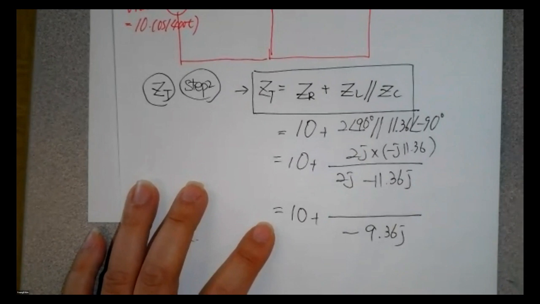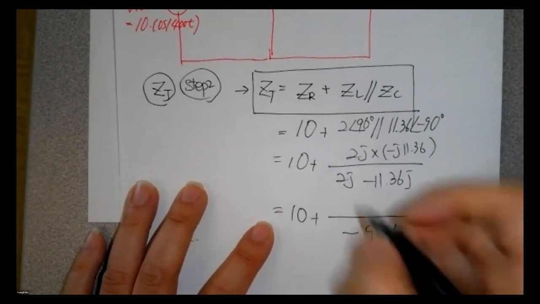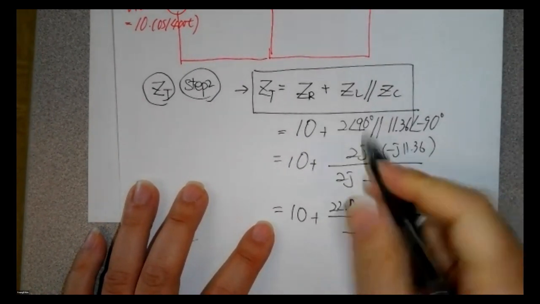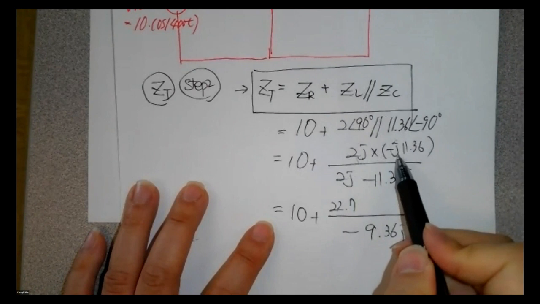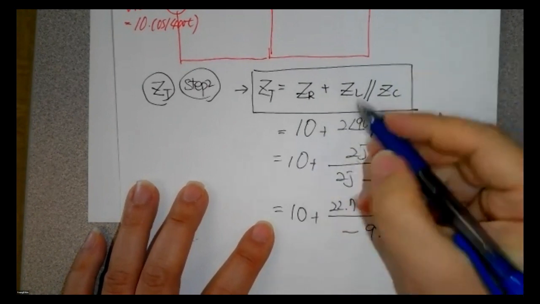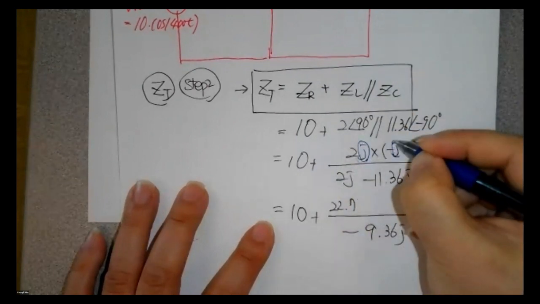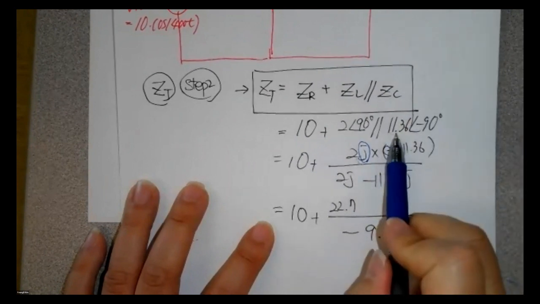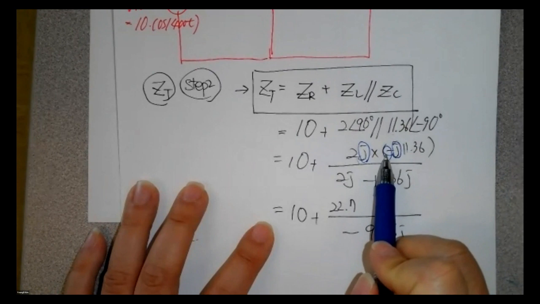And 11.36 multiply 2 is what? 22.7, because j multiply j is minus 1, and minus times minus is plus.